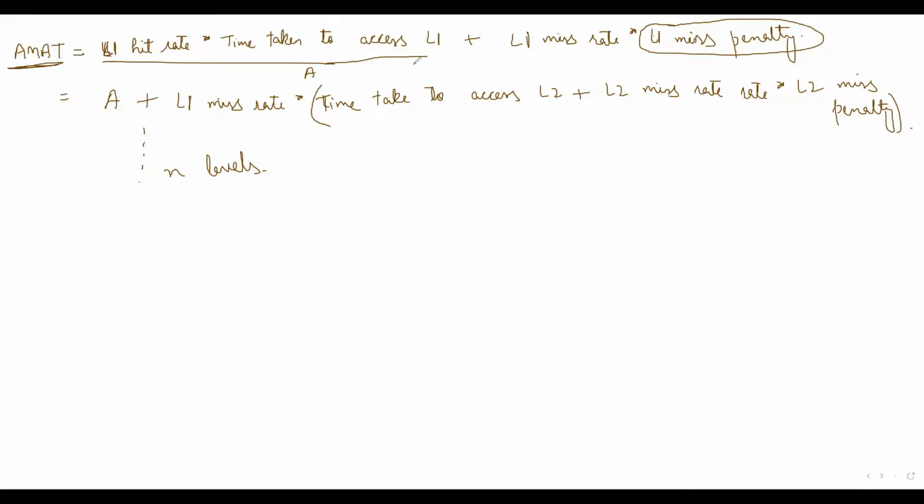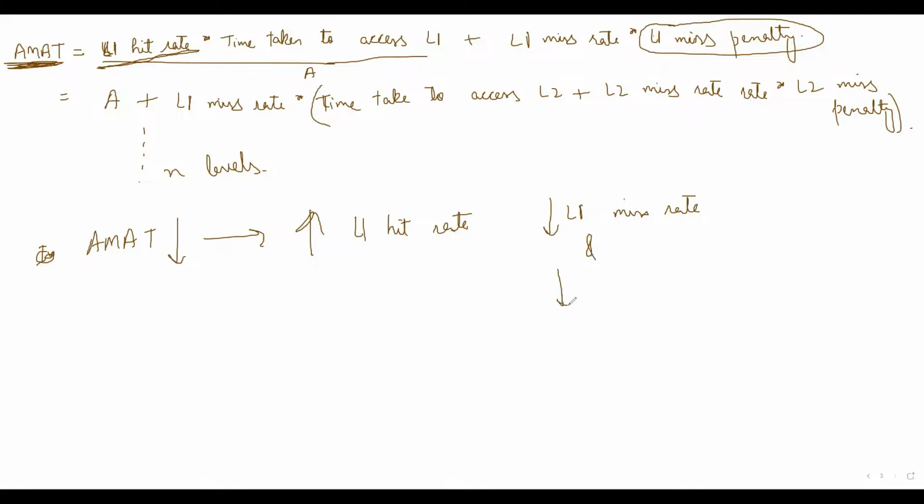However, with this equation, you can see what will decrease your average memory access time. So we have to decrease average memory access time. How can we decrease it? Increase the L1 hit rate, or we can say decrease the L1 miss rate, and decrease the miss penalty.